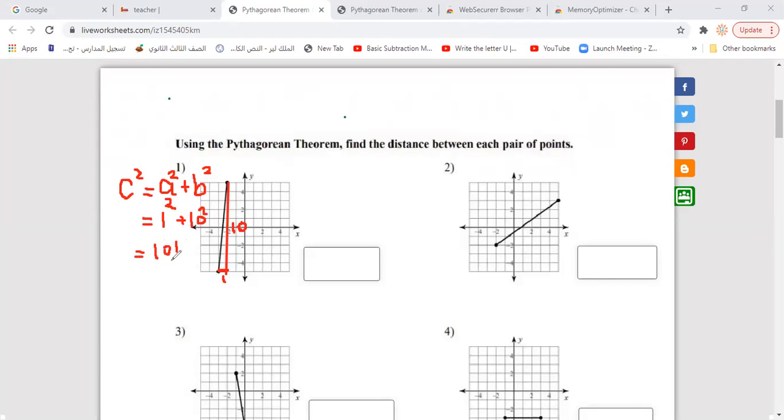If I'm looking for the value of C, it will be square root 101. Okay? This is how we can use the Pythagorean theorem to find the distance between the hypotenuse in this question.